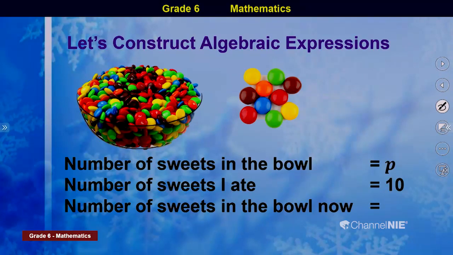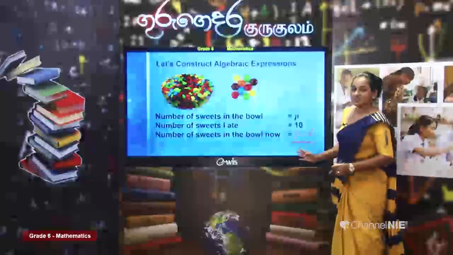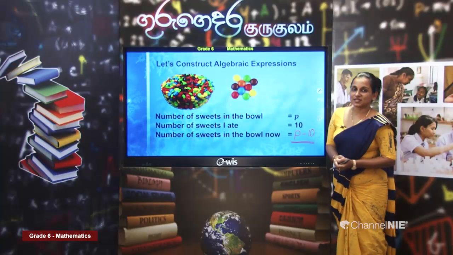Now, can you write an algebraic expression for the number of sweets in the bowl now? Number of sweets in the bowl was p. I took 10 sweets. Then the number of sweets remaining in the bowl now is p minus 10. Now, this is an algebraic expression.